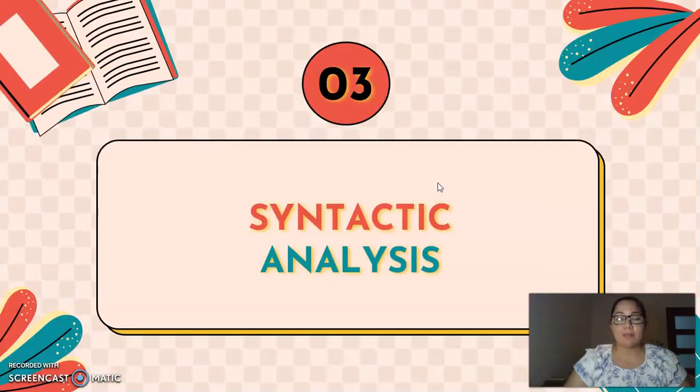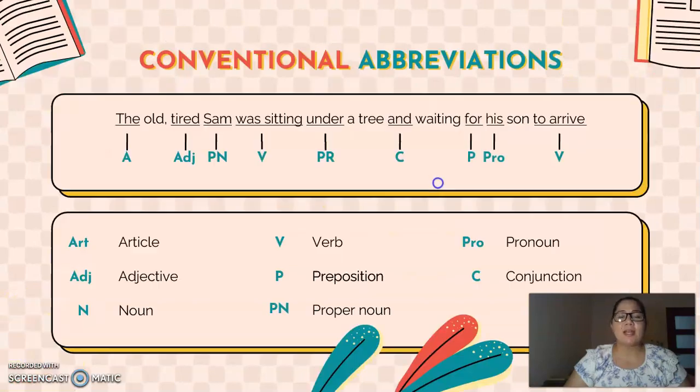Now it's time to learn about syntactic analysis. In syntactic analysis, we use conventional abbreviations to identify the parts of speech while drawing tree diagrams, which we will see in the next slides. So as you can see, the parts of speech are identified with their abbreviations, article, adjective, and so on.